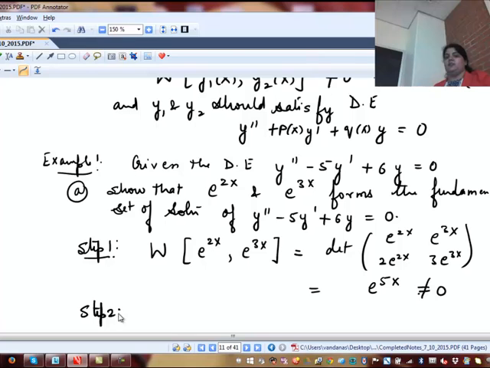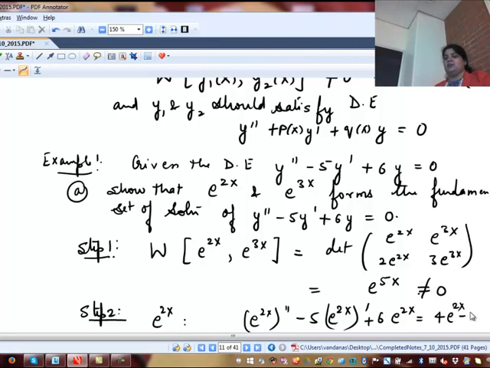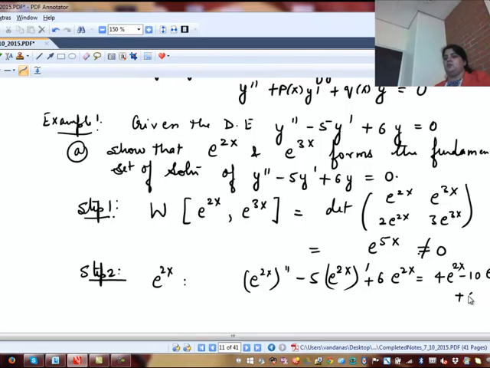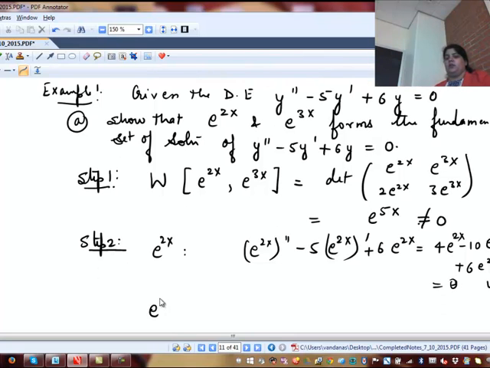Step 2. Are they satisfying the differential equation? Let's check. If I plug e to the power 2x in this, what will I get? The double derivative is 4e to the 2x, the single is 10, 2 times 5 is 10, and then plus 6e to the 2x, so that's 0. So yes, it is satisfying. What about e to the 3x?